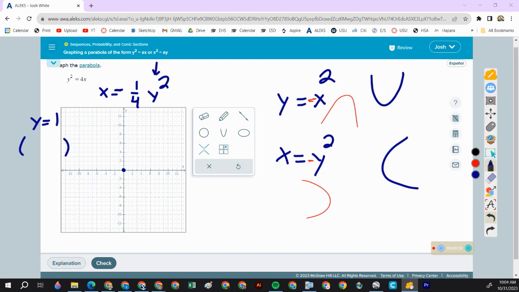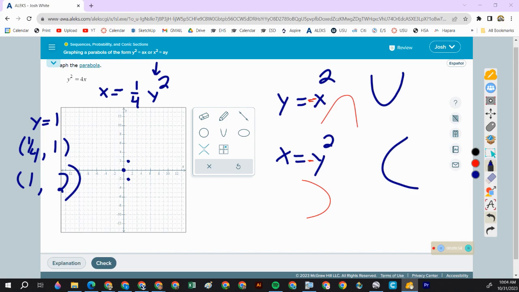So we put a 1 in there, and we get y equals 1 is x equals 1/4. I don't really want to graph that one. So what about y equals 2? 2 squared is 4, and 4 times 1/4 is 1. So 1, 2. And then the bottom is going to be the same, 1, -2.